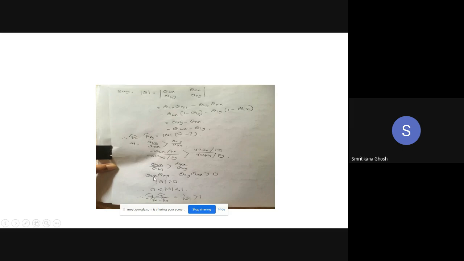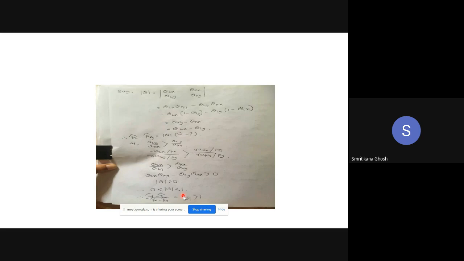And what is that? Theta LX theta KY minus theta LY theta KX is nothing but your determinant theta. So what is the value of determinant theta? It is greater than 0. What is the range of determinant theta? It is greater than 0 and less than 1.